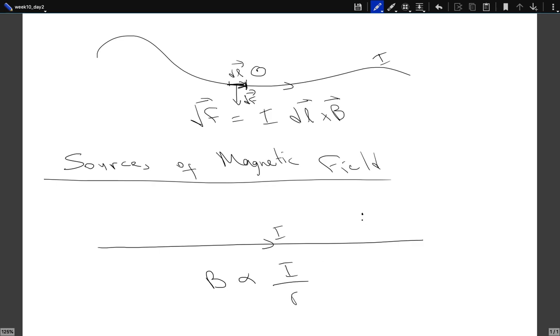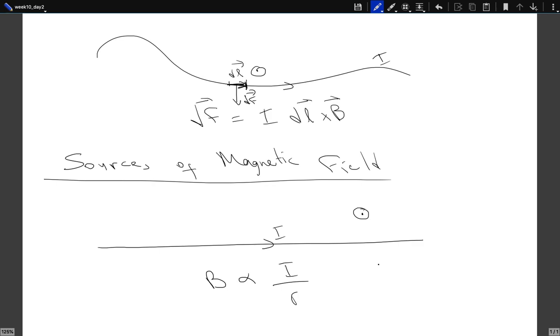At this point, the right-hand rule tells me that the magnetic field is pointing out, and its magnitude is proportional to the current. If you double the current, the magnetic field over here is doubled. It is also inversely proportional to the distance from the wire.